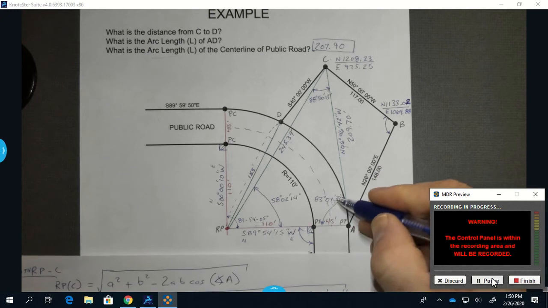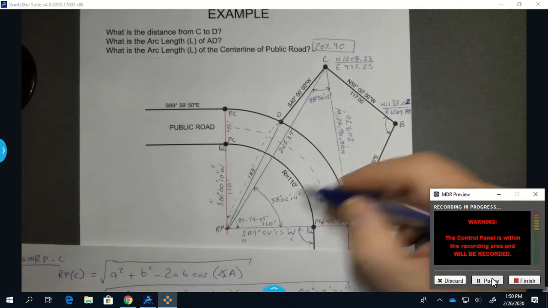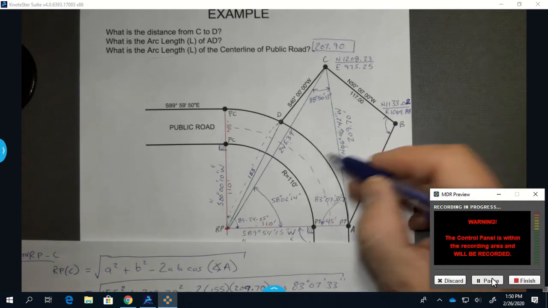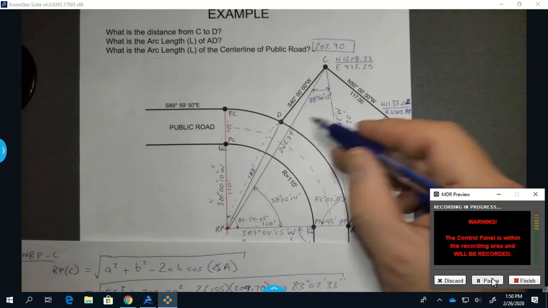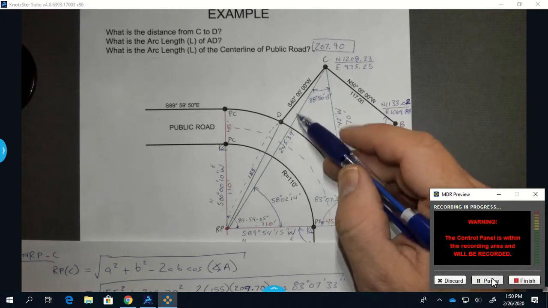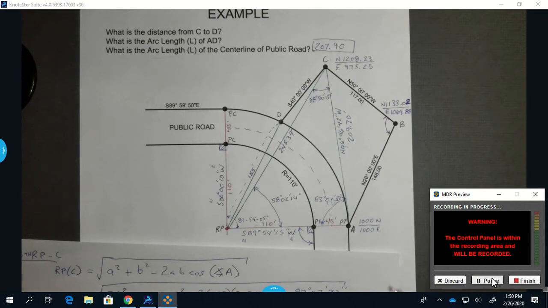We just solved this other triangle. So we solved this one and this one now. Now we're working down to solve this one, because once we solve this triangle, we'll be able to figure out this distance and our arc along here.